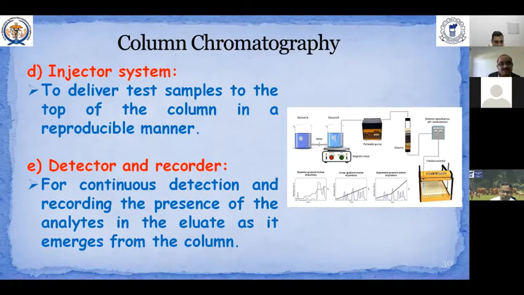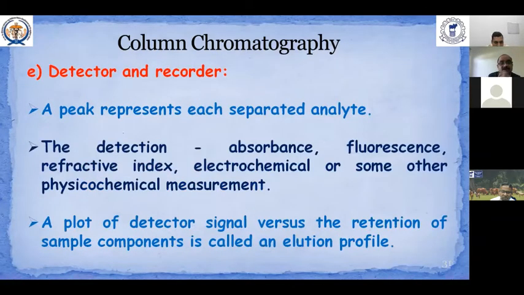These detectors may be of different types: on the basis of absorbance, fluorescence, refractive index, or electrochemical or any other physicochemical measurement. Fluorescence and refractive index detection are said to be very sensitive, and are used in analytical chromatography.